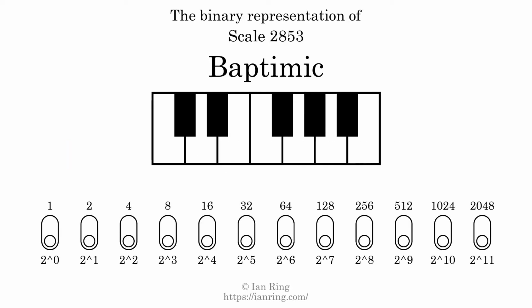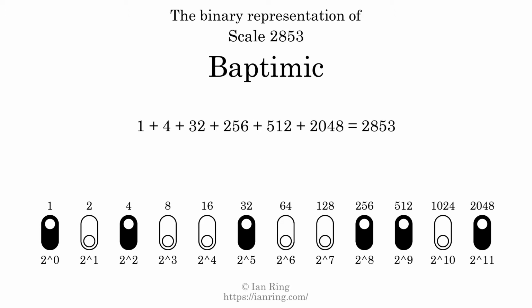The binary representation of this scale is determined by mapping tones of the scale to binary digits. Each binary digit represents a power of 2. To get the scale number, we add the powers of 2 together. The powers of 2 that are present in the scale, all added together, equals 2853.